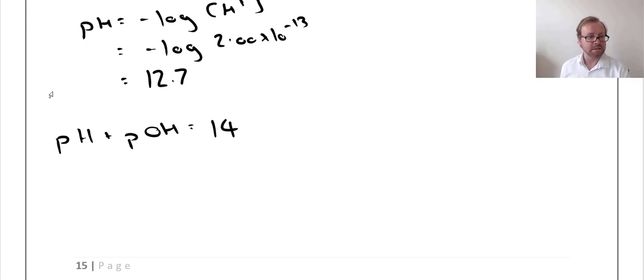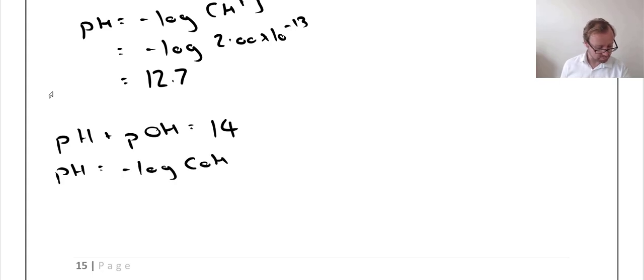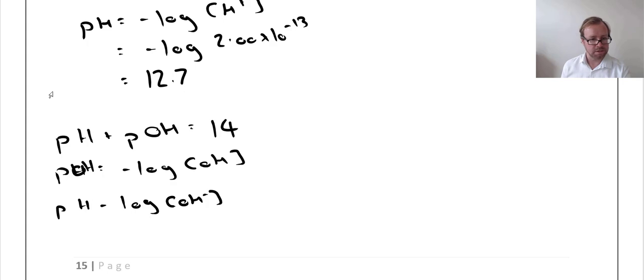Therefore, we can say that pOH equals the minus log of the concentration of OH minus, which means that pH plus pOH, so pH minus log of OH minus, is equal to 14.